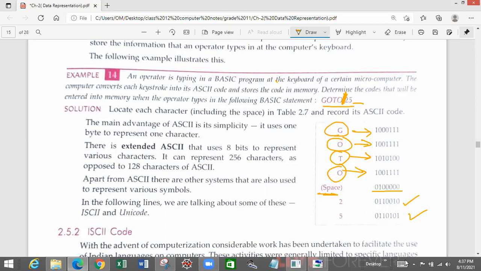Now, one more important thing to understand: this ASCII coding scheme is extended and it can offer an 8-bit solution also, where every symbol is represented using 8 bits and not 7 bits. That is called extended ASCII.